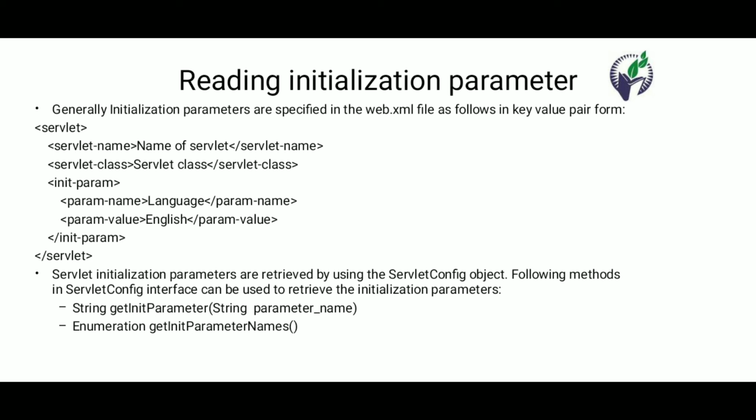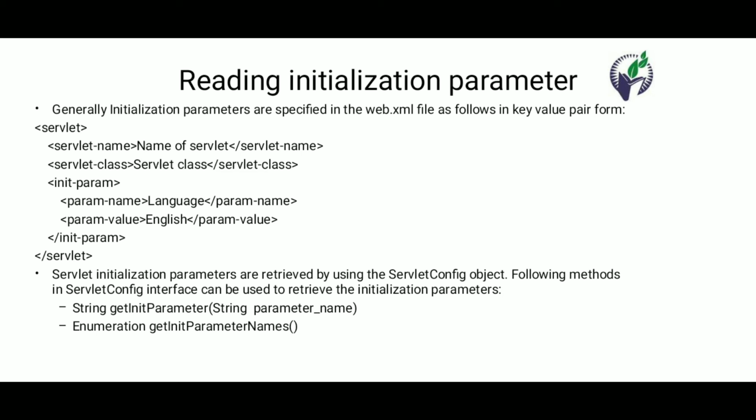You just have to add the init-param tag, and in init-param you have to add two subtags, that is param-name and param-value. The parameter name is defined as language and the parameter value is English. So the initial parameter is set, the language is defined as English.